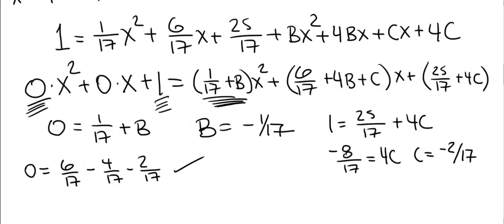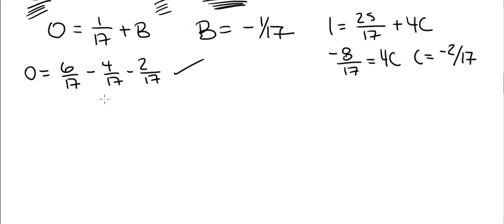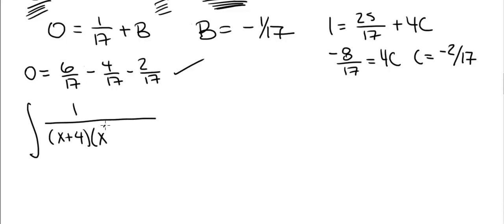Now, let's return to our integral. Remember, the integral was 1 divided by x plus 4 times x squared plus 6x plus 25.